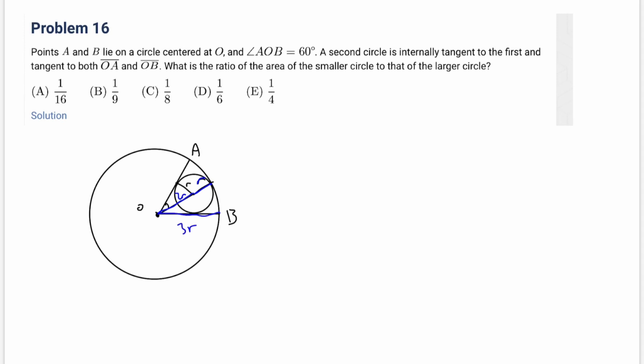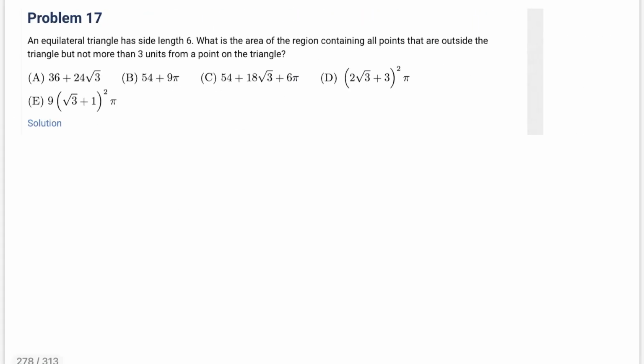And so the area of the smaller circle would be pi R squared, and that of the larger circle would be pi times (3R) squared, which is 9 pi R squared. So the ratio of the area of the smaller circle to that of the larger circle is 1/9. The answer is B.